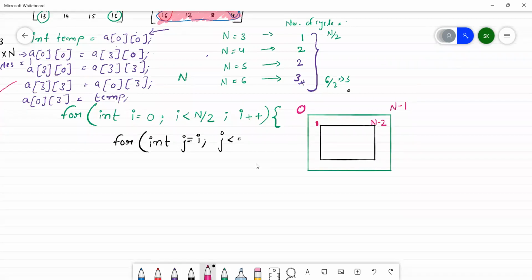If there is an inner cycle once again, then your cycle will start from 2 and it will continue till n minus 3. Are you guys able to follow this? We are one by one excluding the columns, and hence that gives us a formula.